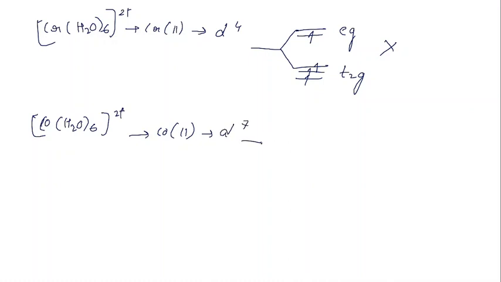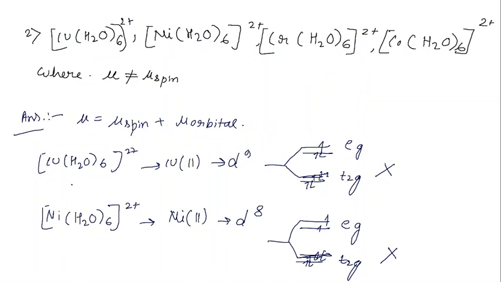Another complex is cobalt hexaaqua 2 plus, a D7 system. Now we will see the splitting of the d orbitals in an octahedral field. Now I am filling the electrons, 1, 2, 3, 4, 5. As all these complexes are high spin complexes, the water molecule is not a strong field ligand. So all these complexes, this is very important to know, are high spin. It depends on which ligand is coordinated with the metal center and the oxidation state of the metal.